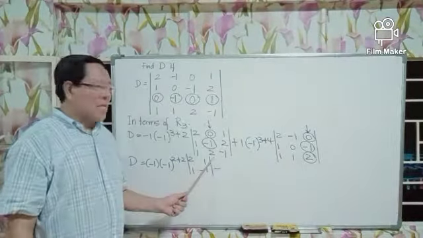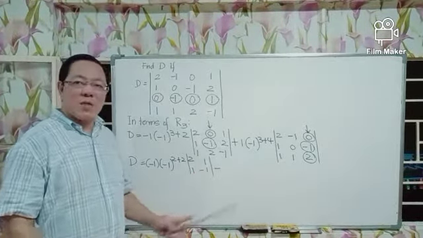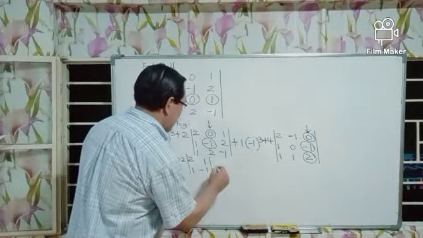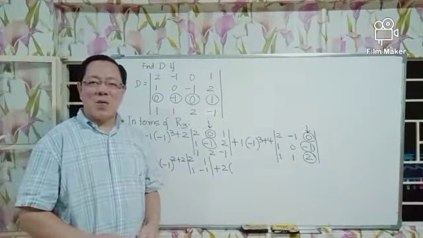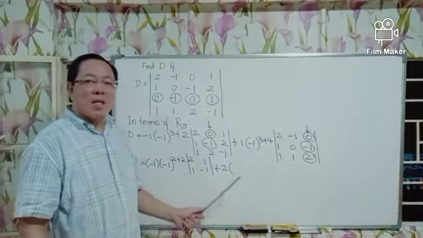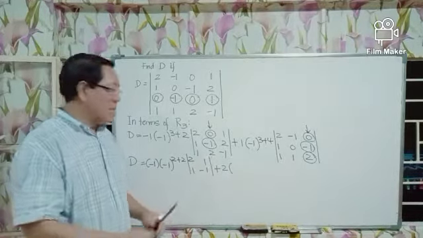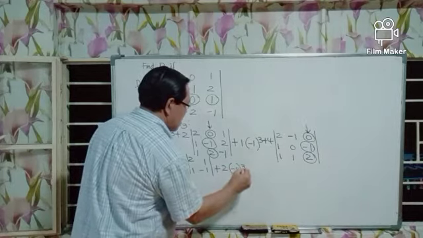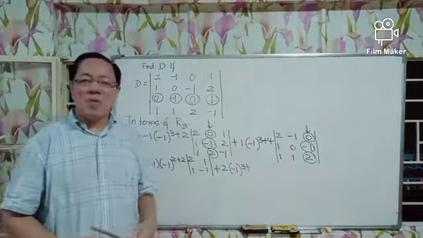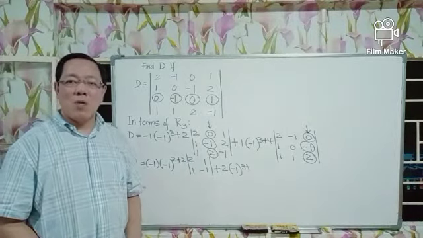Plus the last entry in column 2 is 2. We write plus 2. And we multiply 2 by its cofactor given by negative 1 raised to the row number of 2 is 3, plus the column number of 2 is column 2, 2.